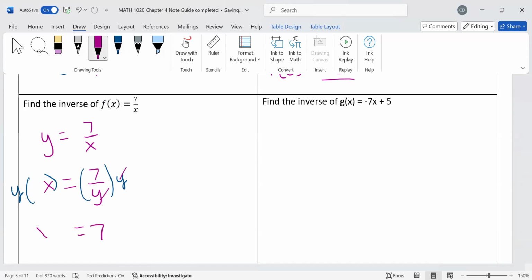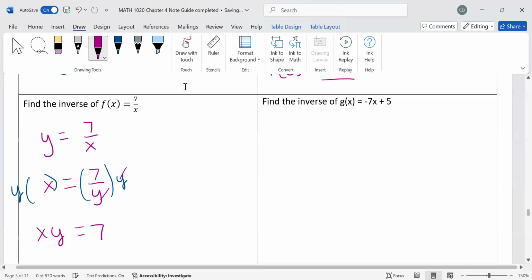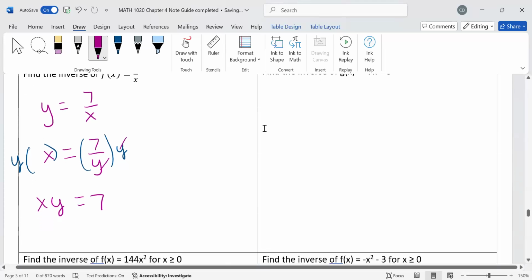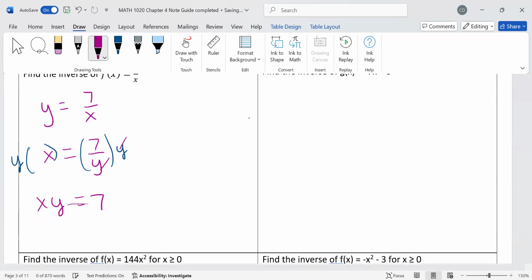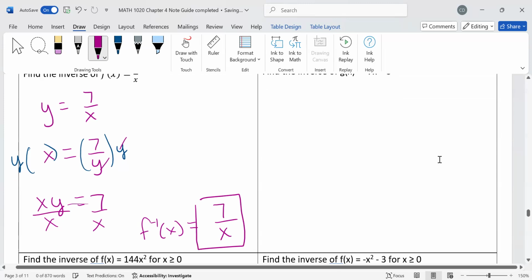And on the left, you have x times y, which is xy. Again, we need to get y by itself. So we're going to divide x out on both sides. So the inverse is 7 over x. So the inverse is the same as the original function, and that's okay. That happens sometimes.